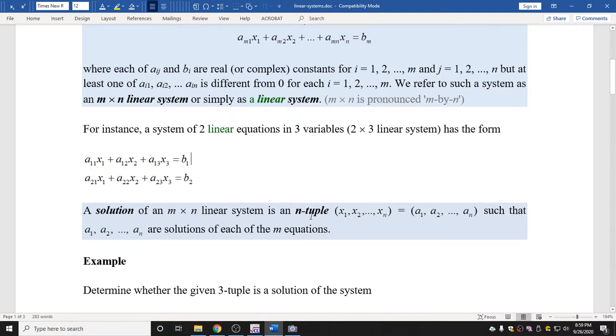Now, a solution of such an m by n linear system is an n-tuple, x1, x2, all the way to xn, equals a1, a2, an, such that the constants a1, a2, all the way to an are solutions of each of the m equations.